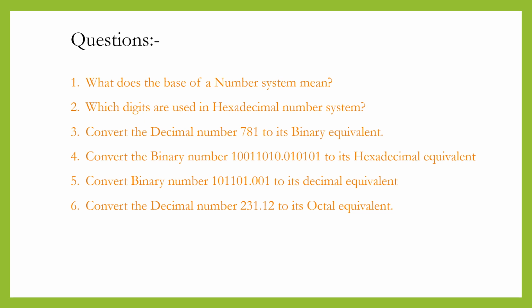Fifth one, convert the binary number 101101.001 to its decimal equivalent. Sixth one, convert the decimal number 231.12 to its octal equivalent. Go through the lesson and find out the answers.